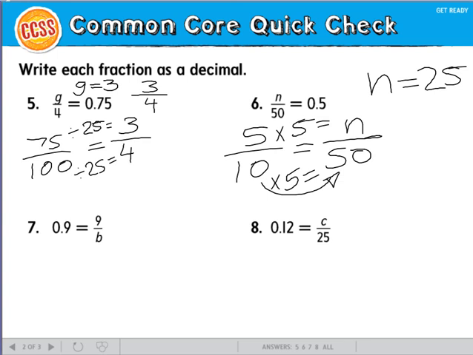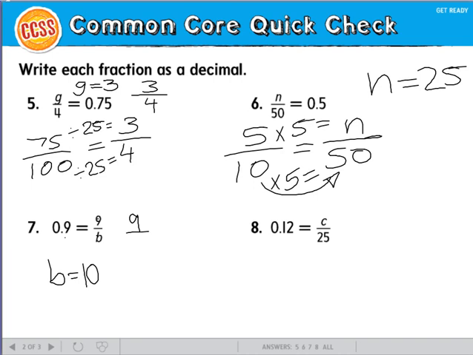Number 7 is probably the easiest one on the paper. What does B equal? 10. Because this is 9 tenths, which means 9 over 10 is 9 tenths.